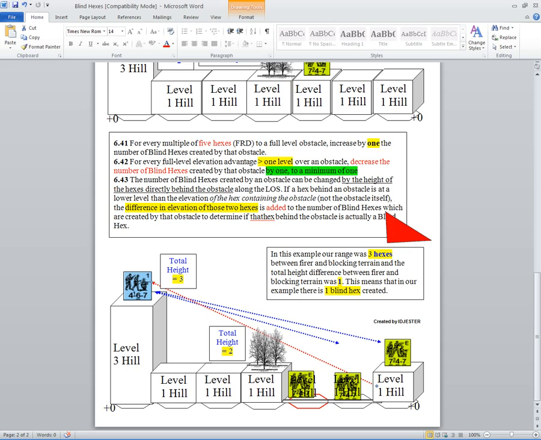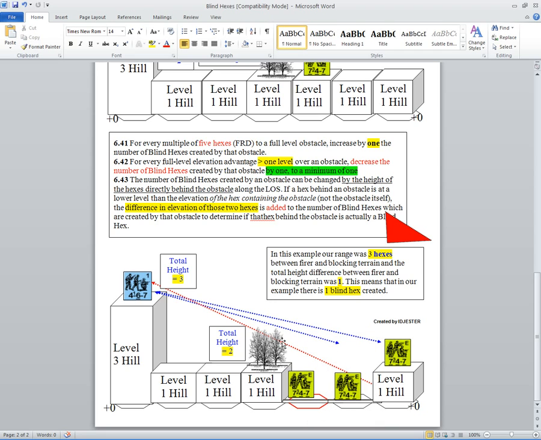From 0 to level 1 is a height differential of 1. That means that instead of creating 1 blind hex, we're going to create 2 blind hexes, which you can see in my little diagram here, hopefully.